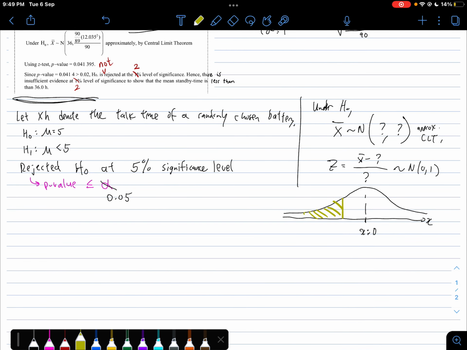This is 0.05, that is your alpha, the 100 alpha percent significance level. 100 times 0.05 divided by 100 is 0.05. So that is the green color area, but we want p-value to be less than or equal, so it means this pink color area over here. This part will be your p-value.